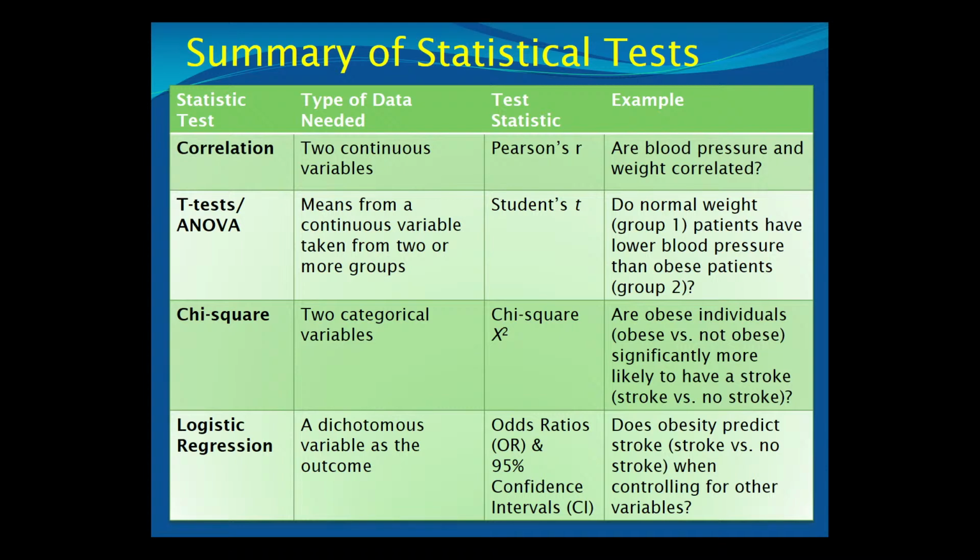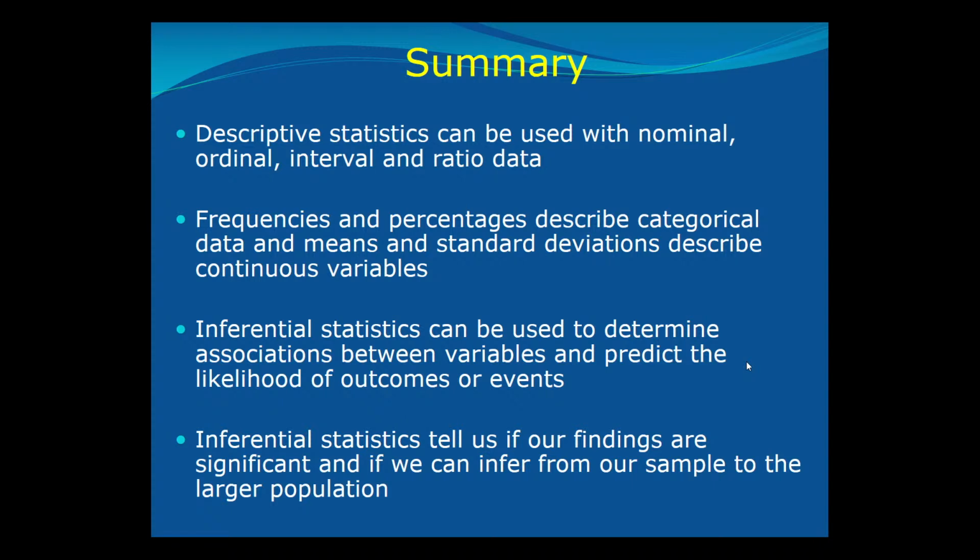We use t-tests for means of a continuous variable taken from two or more groups. The chi-square test we use for two categorical variables, and logistic regression we use with a dichotomous variable as the outcome, but we will have the next lecture about all of these methods.